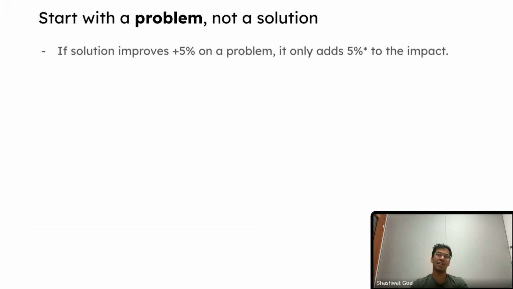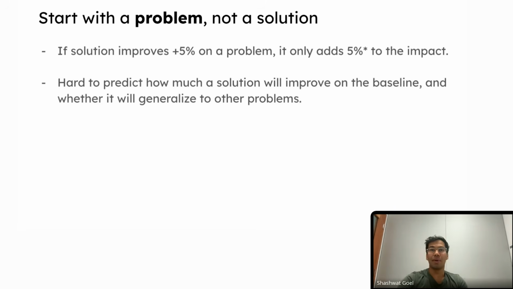Why I think this is that if some solution improves the performance on a problem by 5%, it may add 5% to the impact that specific benchmark has in terms of generalizing to the real world. Maybe that solution improves 2, 3%, or 5% on it. So improving the solution by a bit only marginally improves your impact.